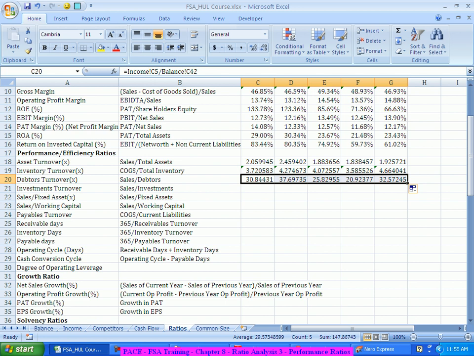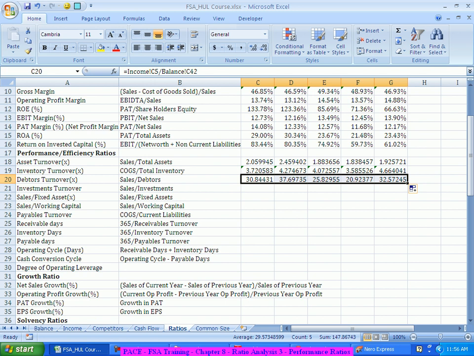Whereas recently, for every 32 rupees I have sold, 1 rupee is still pending to be received. I have received 31 rupees in the form of cash. Only 1 rupee is yet to be received for every 32 rupees.